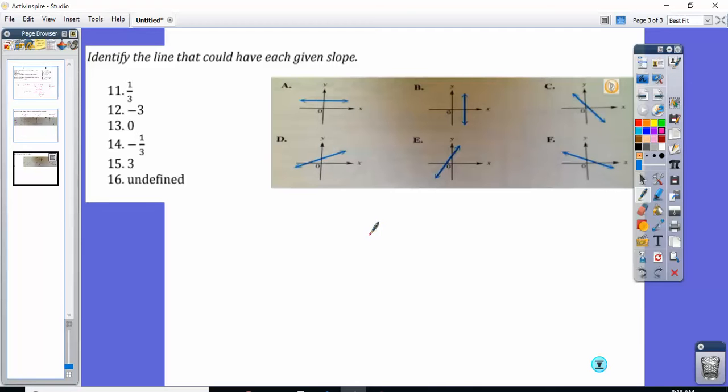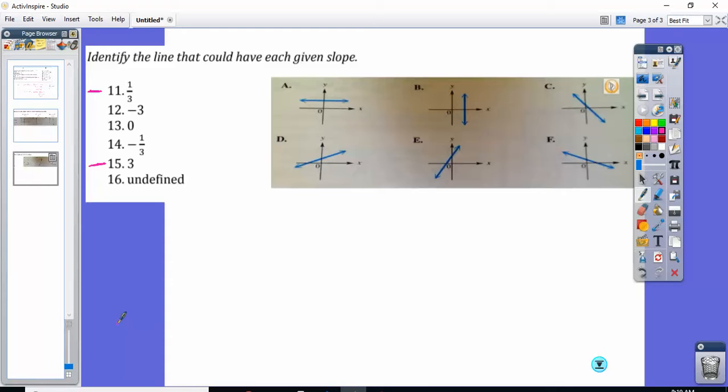Last section. And again, these are hard to see on my screen, but on your Chromebook, they're pretty clear. We want to know which one could have the given slope. If I'm looking, number 11 and number 15 are both positive slopes. If your line has a positive slope, what's happening?